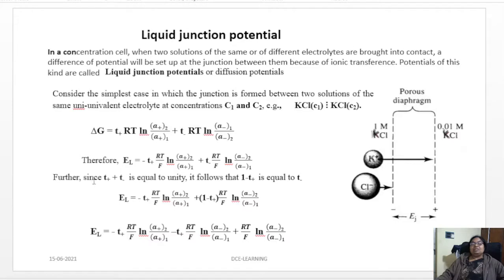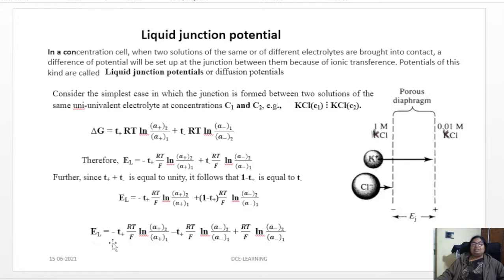Since t plus and t minus sum to unity, it follows that 1 minus t plus equals t minus. Substituting this into the relationship, E_L equals minus t plus RT by F ln of a2 by a1 plus (1 minus t plus) RT by F ln of a2 by a1.